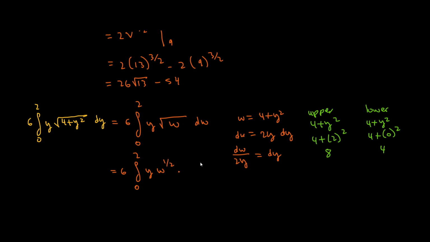I'm going to multiply by that. There's a 1/2 right there, and also the y. And again, we have a y in the numerator and a y in the denominator, and they just cancel out. And again, we could just bring the 1/2 to the outside. 6 times 1/2 is 3.